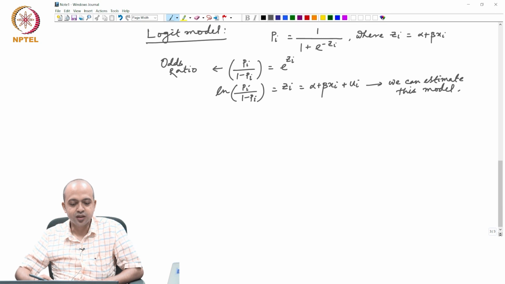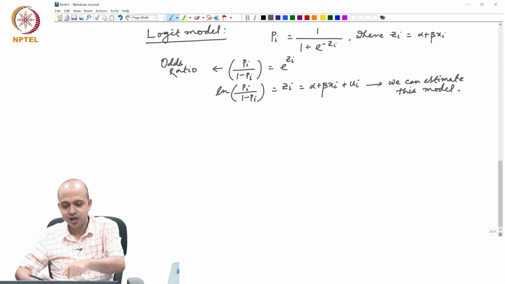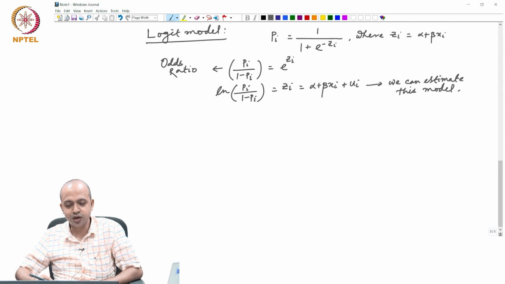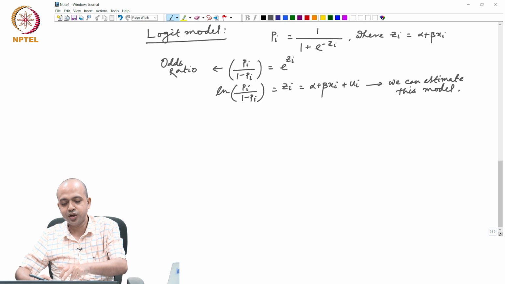If we calculate 1 minus pi by pi, that is also an odds ratio, but it indicates odds against the event happening. So, here log of pi by 1 minus pi is your dependent variable.